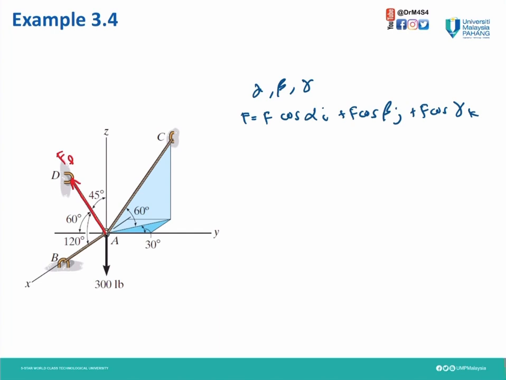As you can see here, from the x-axis is 120 degree, from the z-axis 45 degree, and the angle here given is 60. When alpha, beta, and gamma are given, we can write in this form. So now we need to identify the angles for alpha, beta, and gamma.